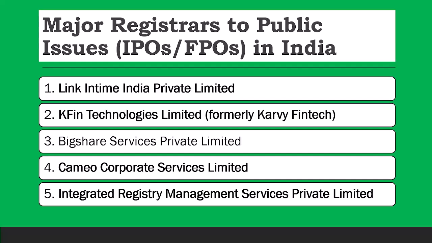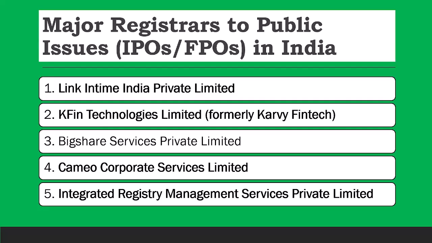These are the five major registrars to public issues. Just read them. Major registrars to public issues, IPOs or FPOs in India: first, Link In Time India Private Limited, KFin Technologies Limited, formerly Karvy Fintech, BigShare Services Private Limited, Cameo Corporate Services Limited, Integrated Registry Management Services Private Limited.